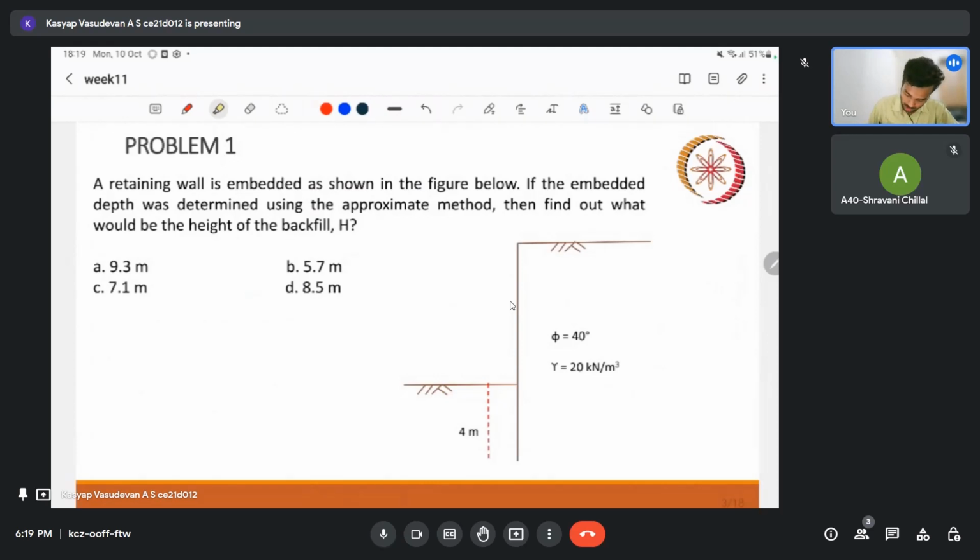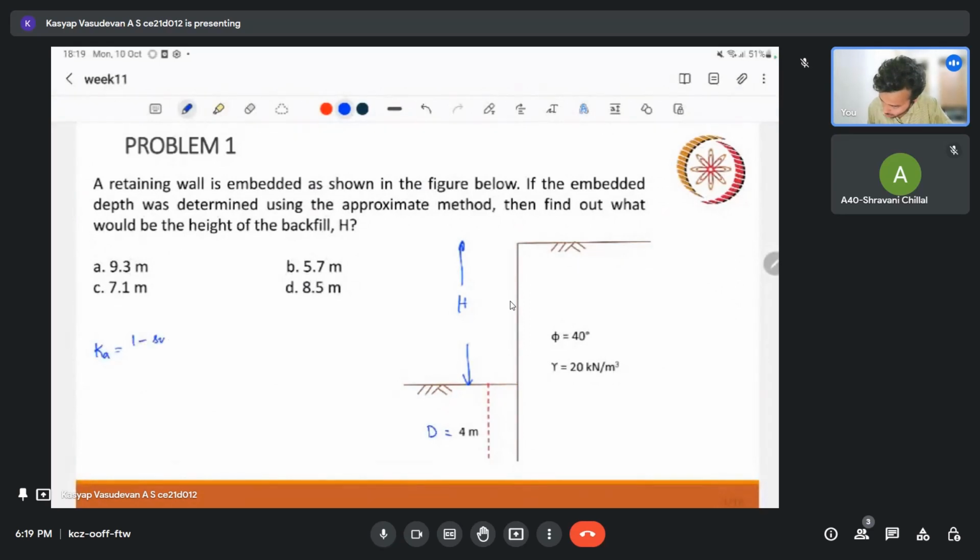So this is the embedment depth, that is d. We are supposed to find h, that is the height of the backfill. We have the properties here. So we need both the coefficient of active earth pressure as well as passive earth pressure. So let us jump in and find out those values before solving it.